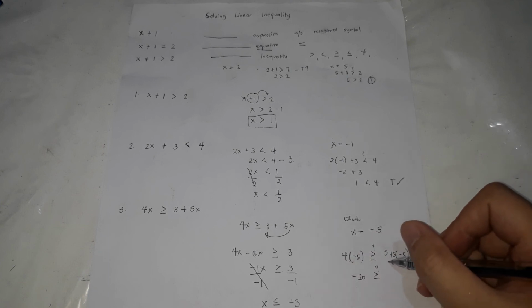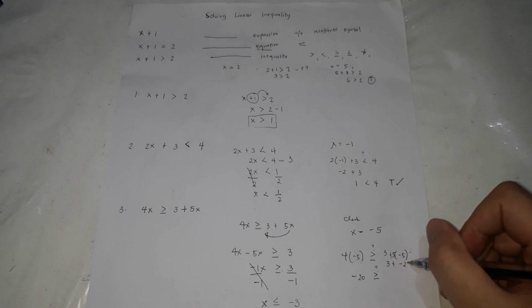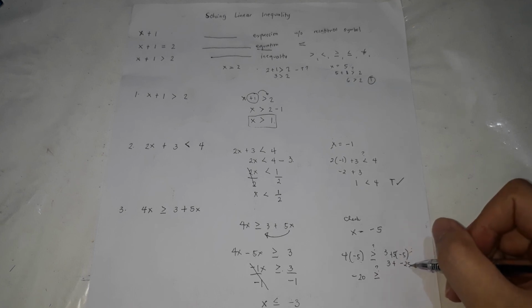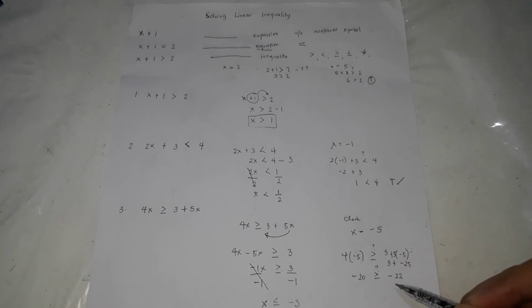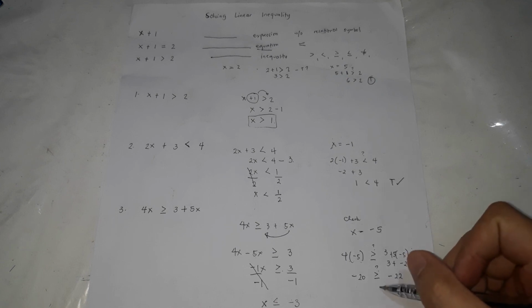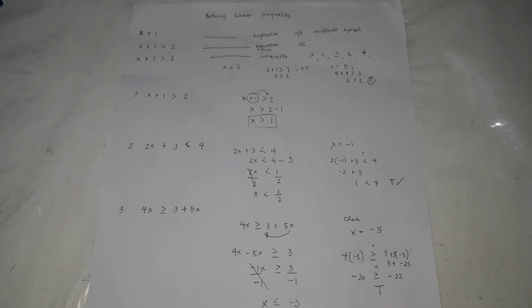Dito naman sa kabila, 3 plus negative 25 is negative 22. So it's negative 20 greater than or equal to negative 22. True or false? True. So that's how you're going to solve linear inequality.